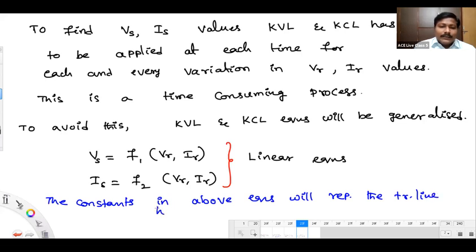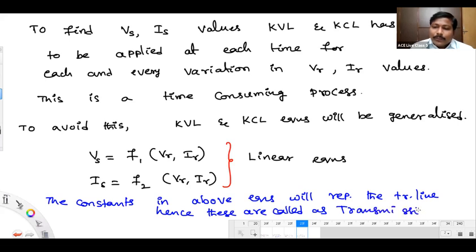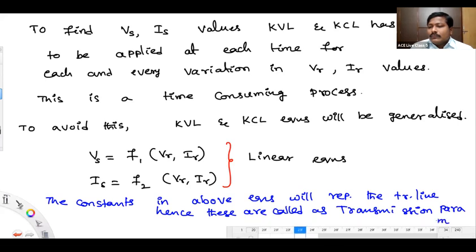Hence, these are called transmission parameters, or you can call them generalized circuit constants of the transmission line, else we can say ABCD parameters. I'll take that up in the next slide.